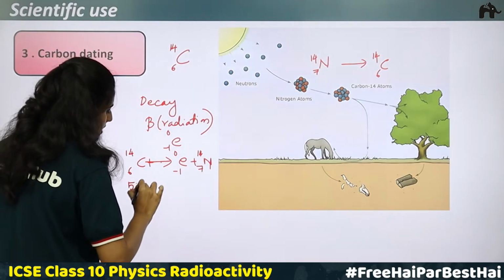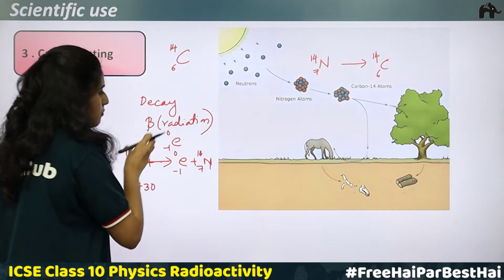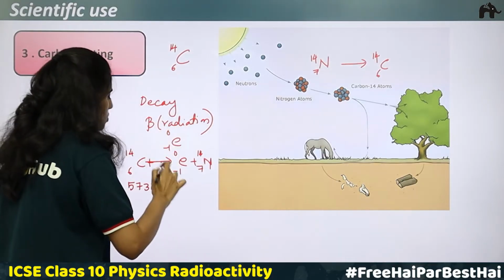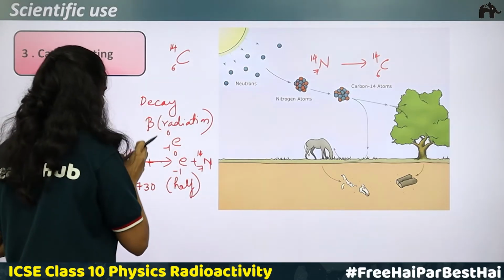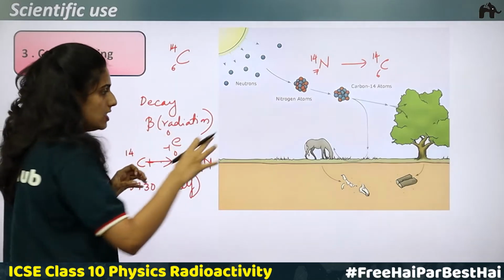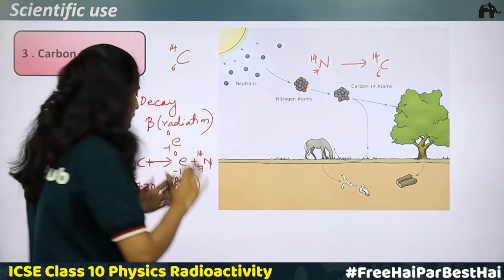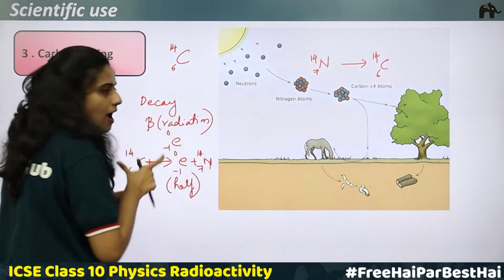In 5,730 years, the amount of carbon-14 present will reduce to half. If initially some amount of carbon-14 was present in, for example, the skull, after 5,730 years it reduces to half. So this is a half-life.